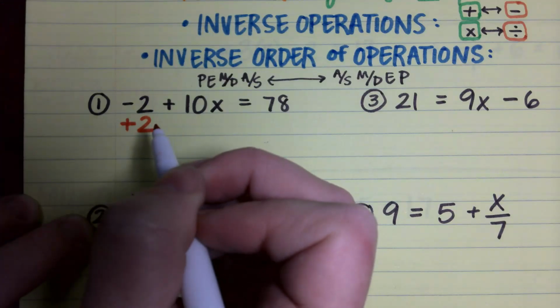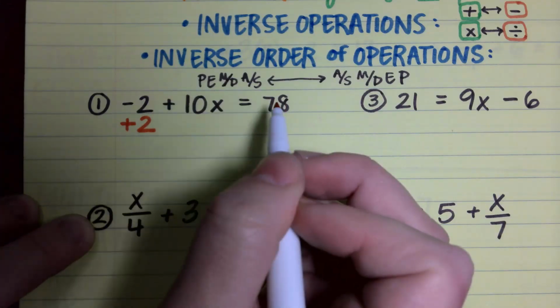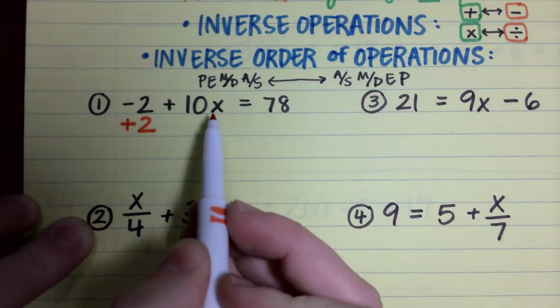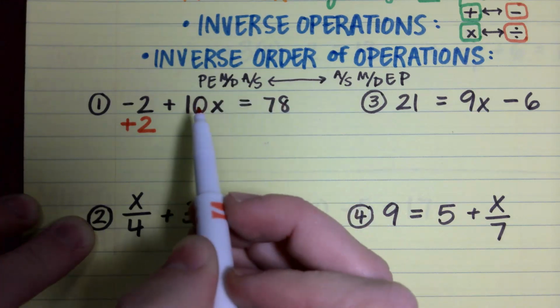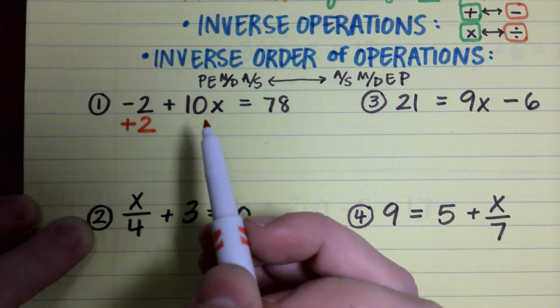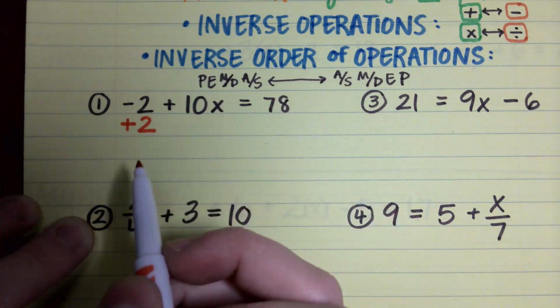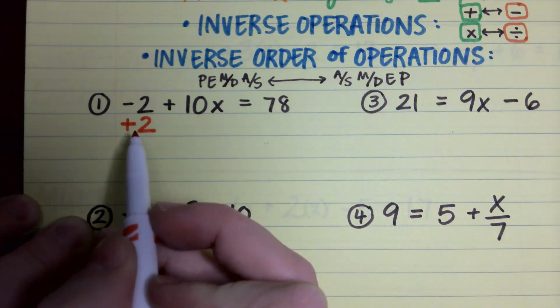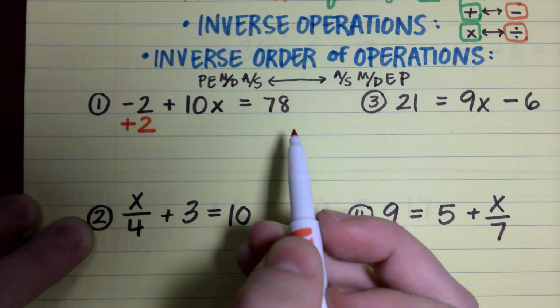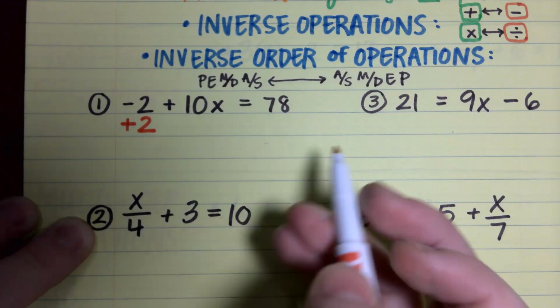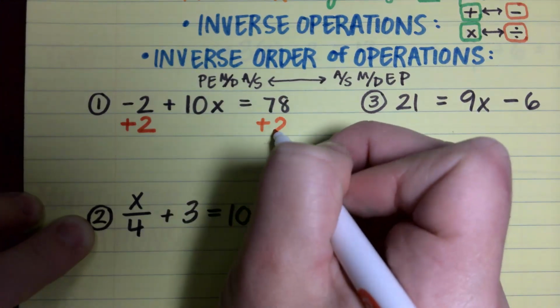And remember, whenever we are solving for an equation, both sides of the equal sign here have to be equal, because that is the definition of equal. It means that we do the same thing. So if I do +2 on this side of the equal sign, I'm also going to do +2 on the other side of the equal sign.